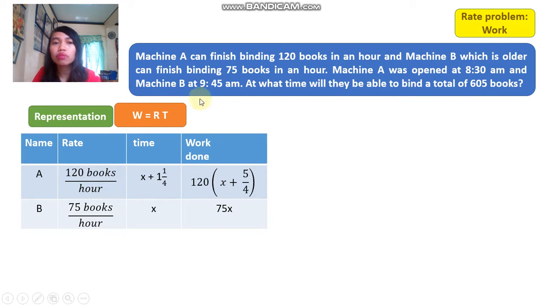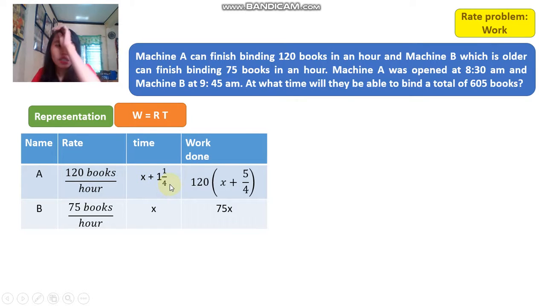You have 8:30 and 9:45. The difference here is 75 minutes, and 75 divided by 60 is 1 1/4, or 1.25. So that is their difference, and you have X plus 1 1/4.